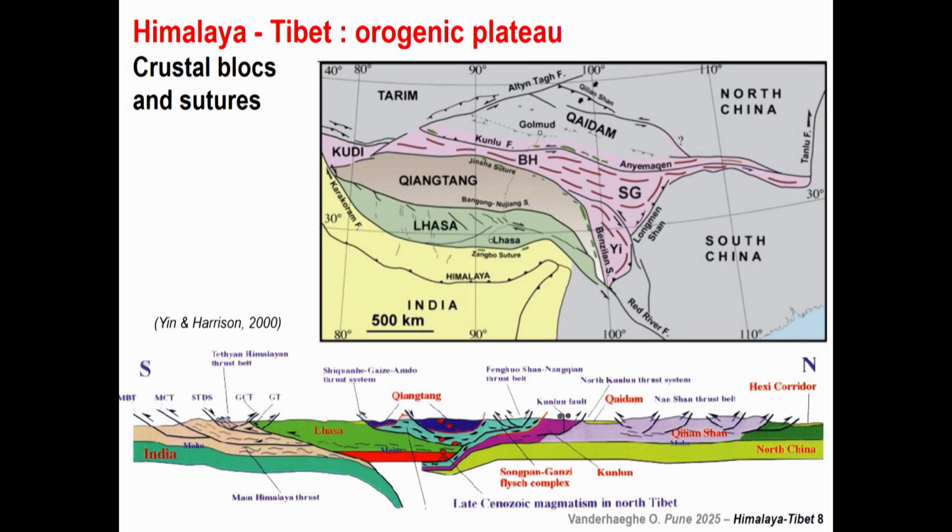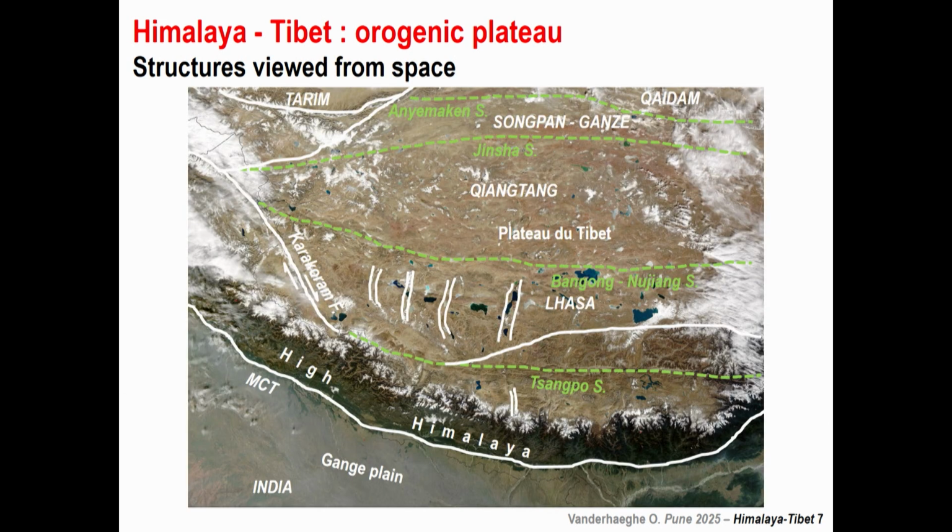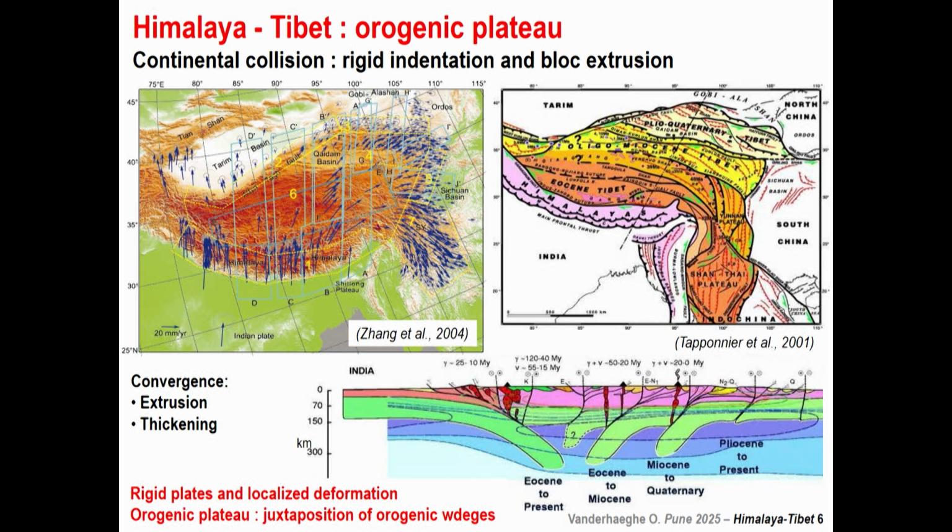Another point here is that you see that crustal structures can be followed from the surface all the way down to the Moho and even sometimes in the lithosphere. So crustal structures are representative of lithospheric scale structures. And the same is shown here.